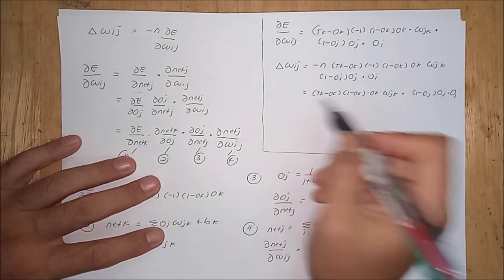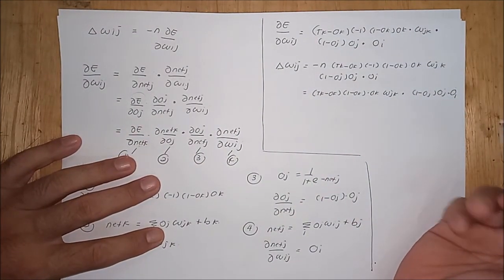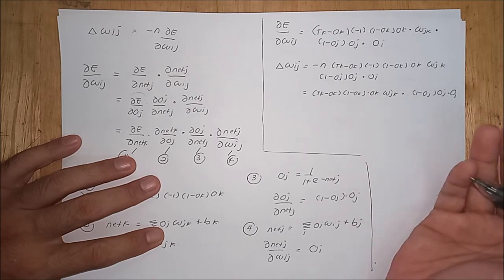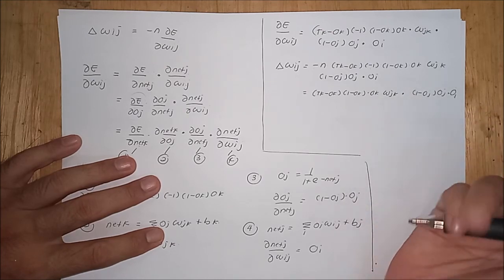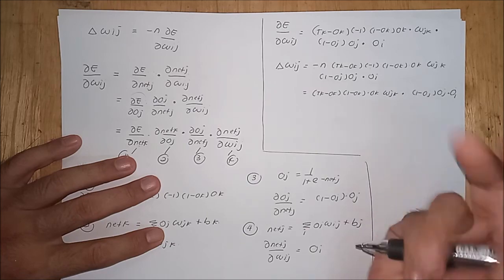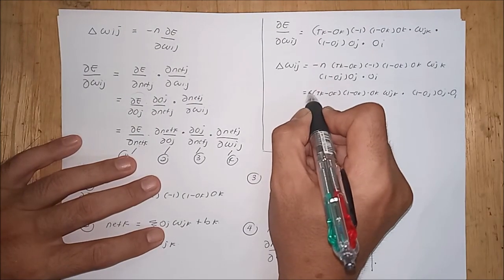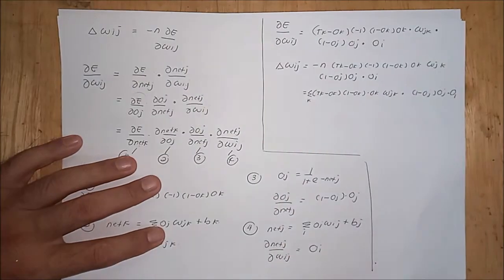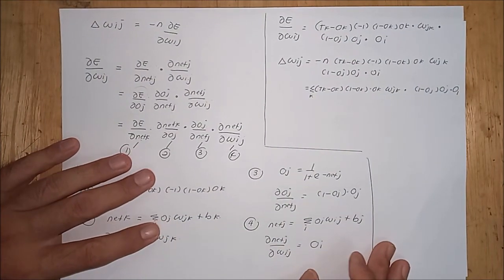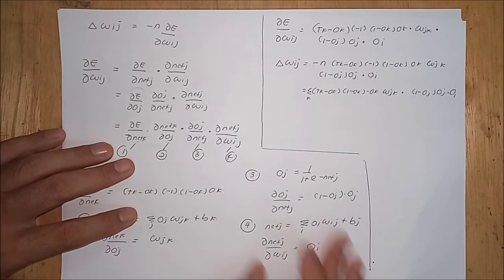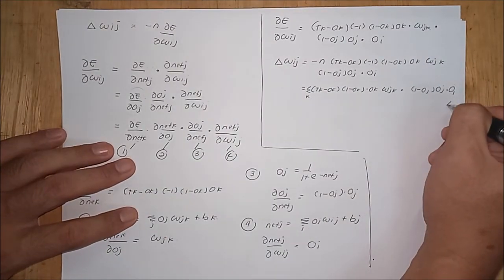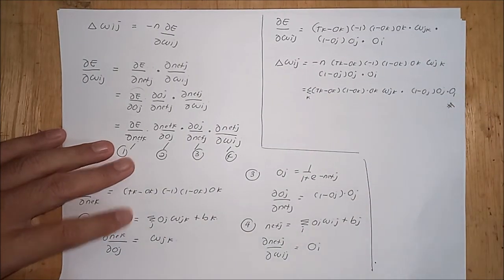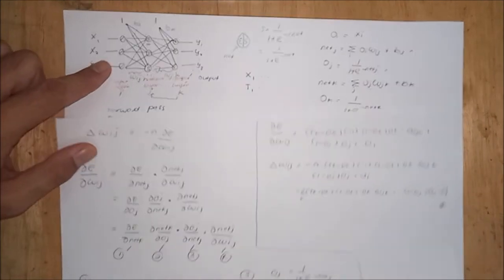If our output layer consists of a higher dimension instead of 1, we need to sum up all the units of k. So this will become the summation over k of the output layer. So we have the derivation we have already derived from our model here.